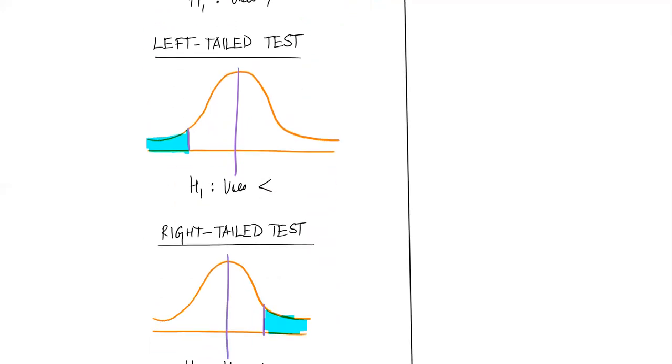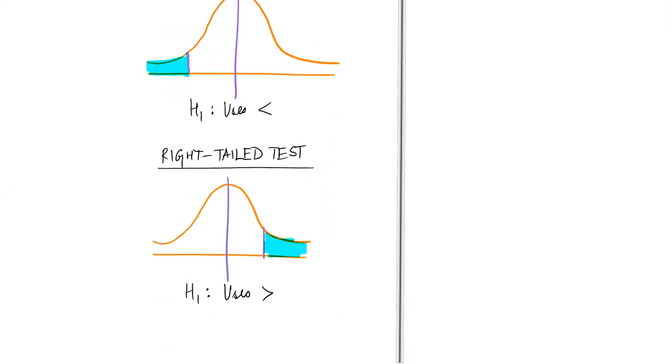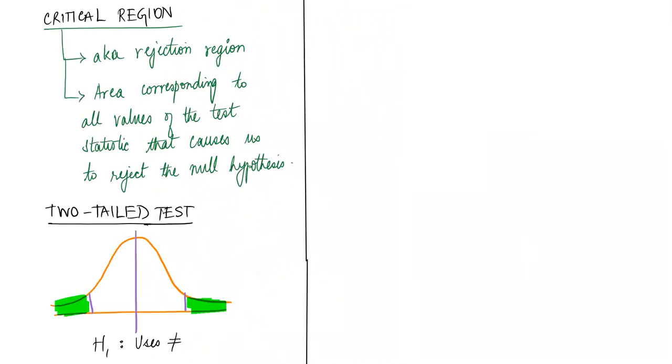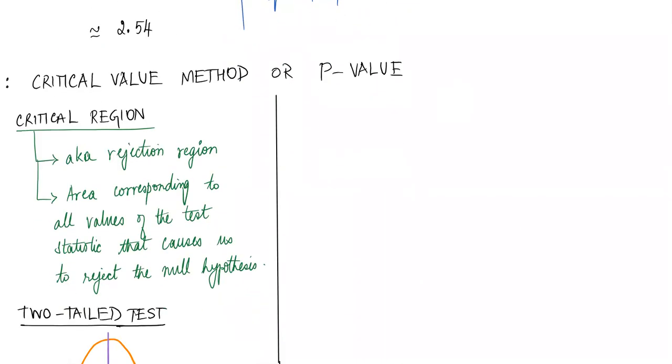What happens next is the p-value method. That is right here. We'll first define this because there are a lot of p's, and let's define what this p stands for.